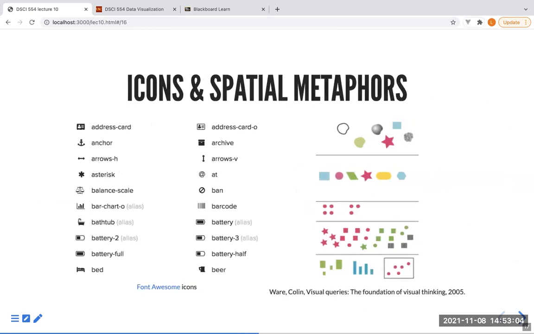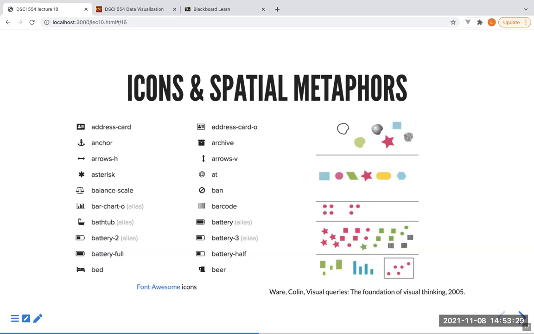So the symbols, and I think this is where I'm going to probably finish, are another simplification of schematic drawings that are useful to use in graphics.